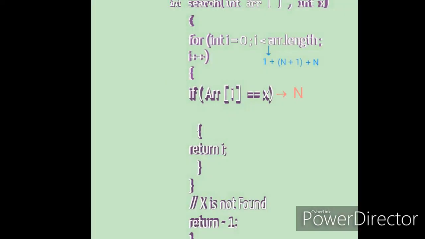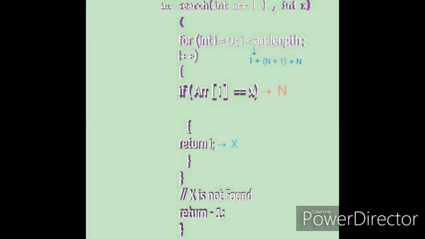Now, we have to check the if statement. The number of times this statement is checked is going to be equal to the number of times the loop runs. This is because the element x is never found in the array, and so we never return from the function. This statement will occur as many times as it can.